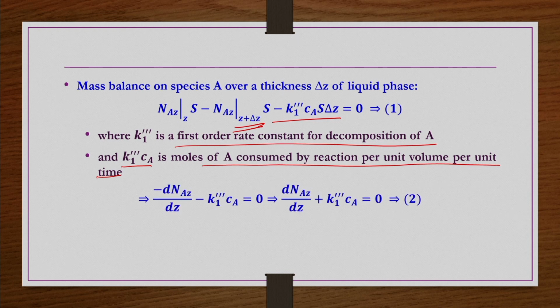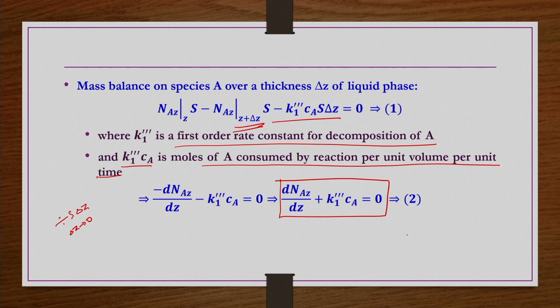Now, dividing by S delta Z and taking the limit as delta Z tends to 0, we get minus d/dZ of NaZ minus K1 triple prime Ca equals 0, that is d/dZ of NaZ plus K1 triple prime Ca equals 0.